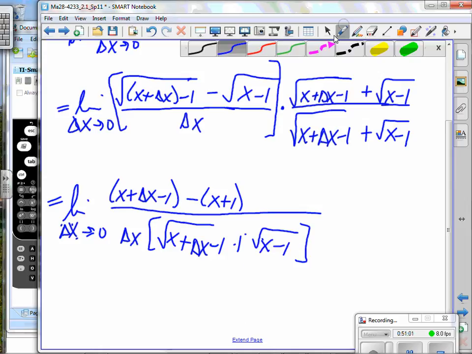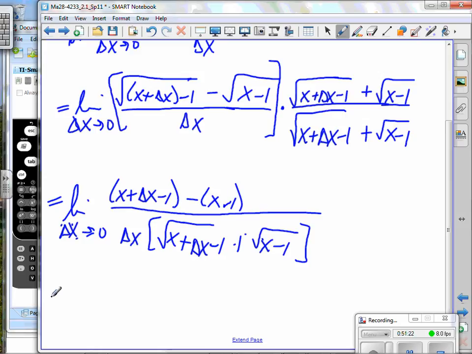What happens in my numerator? I have a second question. For the numerator, is it x minus 1 or x plus 1? Minus 1. Thank you very much. I would have found that out, wouldn't I? Yeah, and that's the important thing.